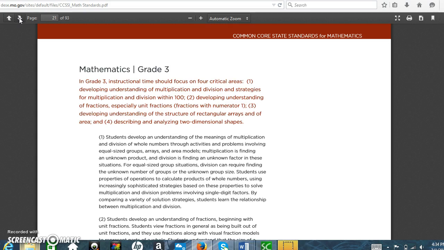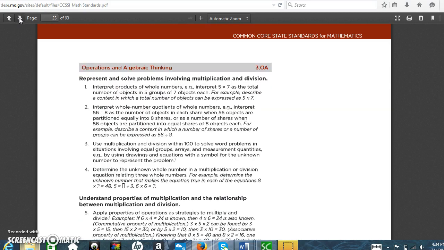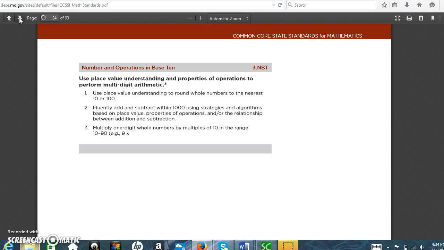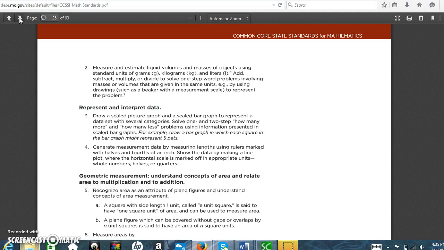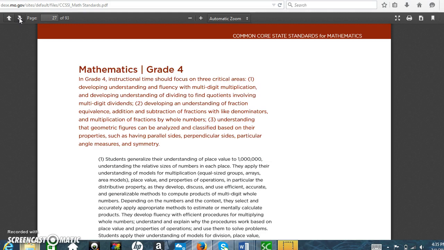Remember that our Missouri Learning Standards only apply to mathematics and English language arts at this point in time. Eventually, there will be science standards and specific history, or we might say social studies standards.